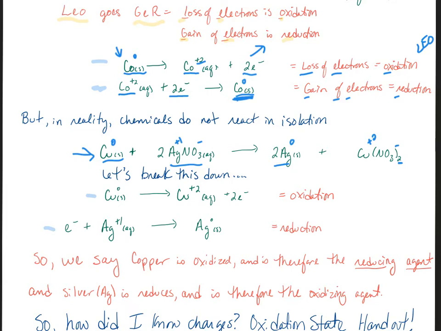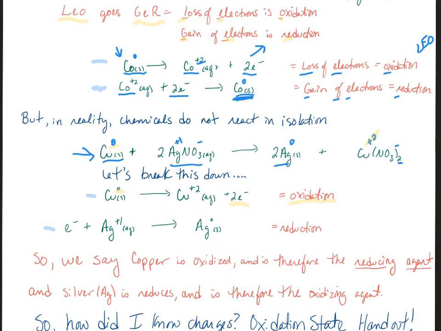But in this reaction from above, copper, we said, started out as 0, remember? And it goes to a +2. So to balance that out, I would put in 2 electrons on the product side, sorry. And so therefore, this is called an oxidation reaction because it's losing 2 electrons.